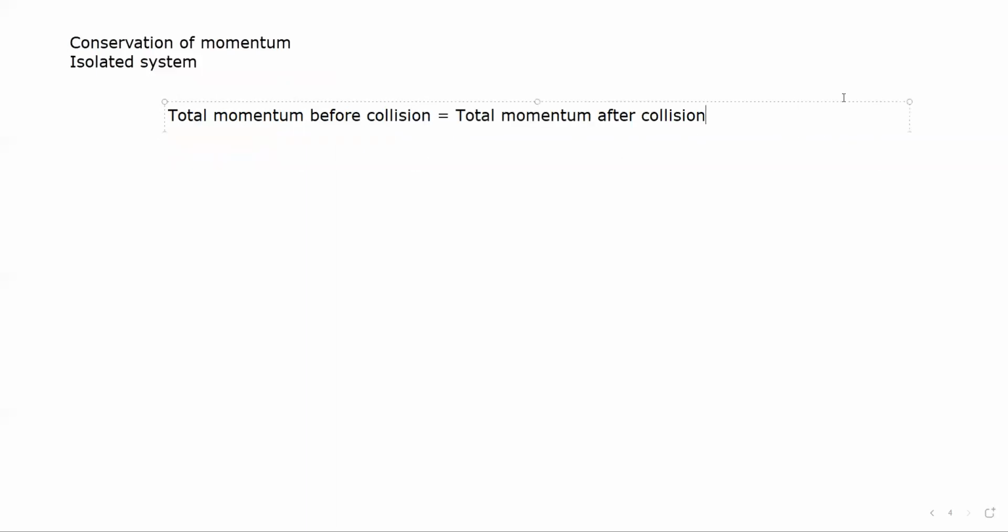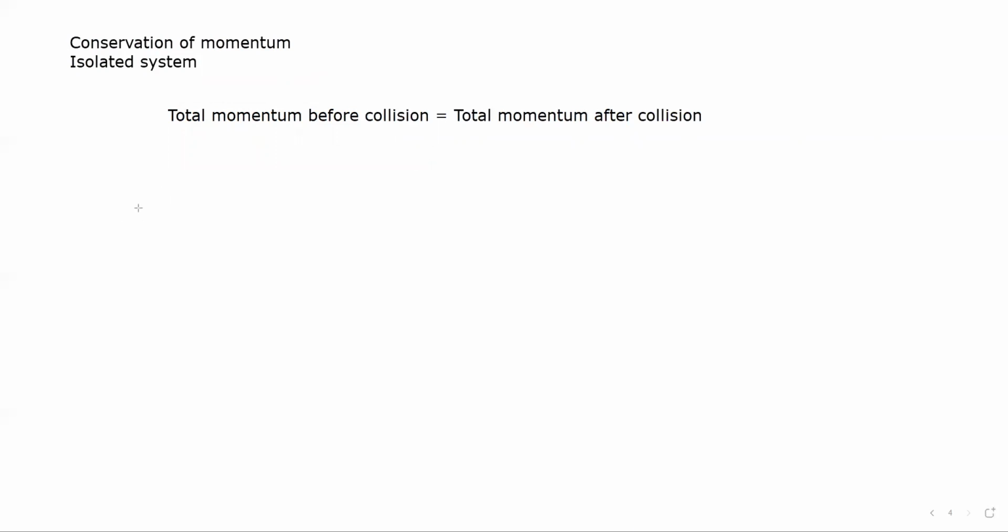So in an isolated system, the total momentum before collision is equal to the total momentum after collision.